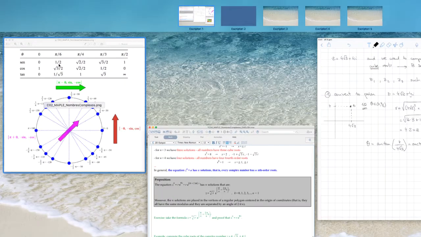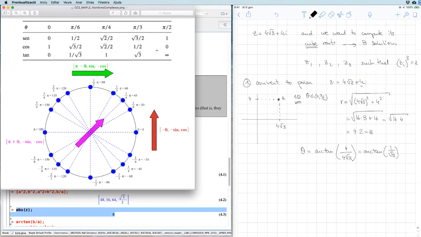So now remember that we always have to have this table written in the exam. If we go to the tangent and we look for 1 over square root of 3, we get an angle of pi over 6, which is 30 degrees. So this one here is going to be pi over 6. Okay, so now we know that our number z is 8 e to the power pi divided by 6 i.